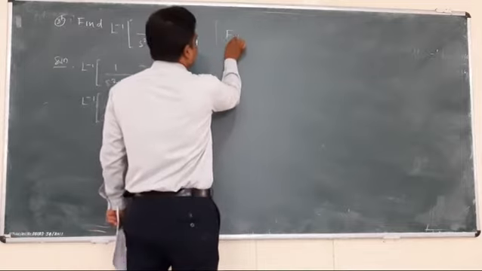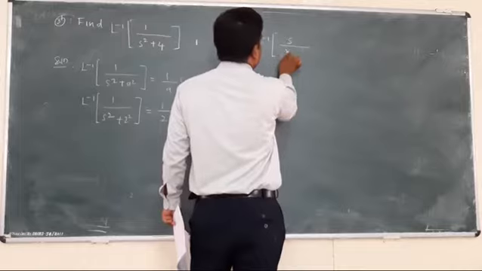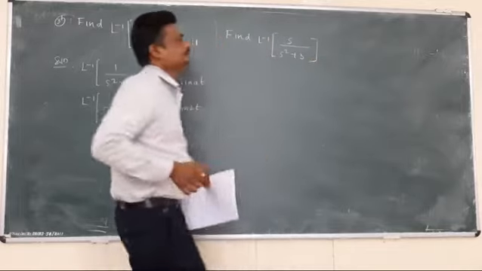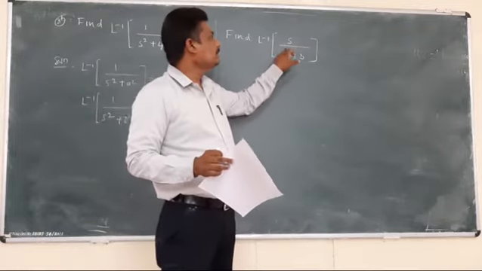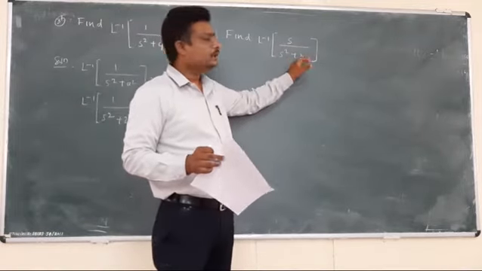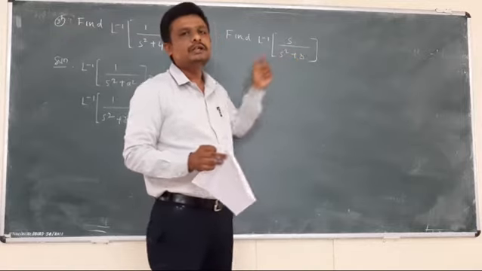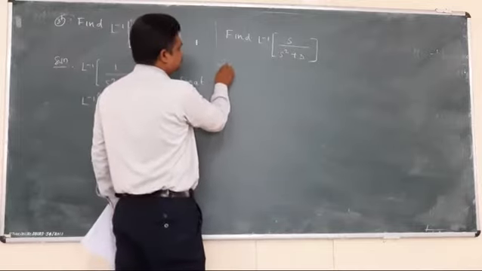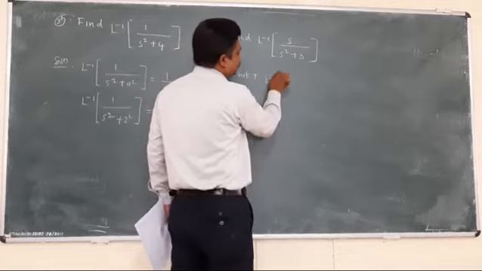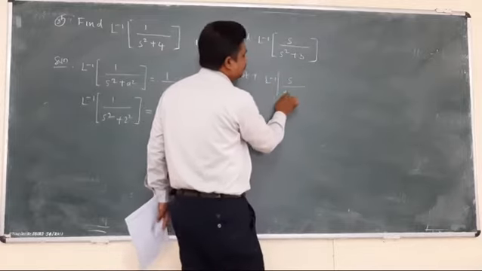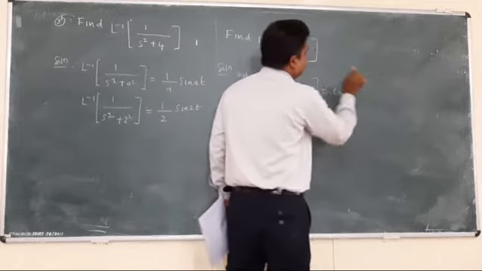So next one, find L inverse of S upon S square plus 3. Here I can apply the formula with S upon S square plus A square. Here we have number 3. I will write 3 in terms of perfect square. So we know that L inverse of S upon S square plus A square is equal to cos of A t.